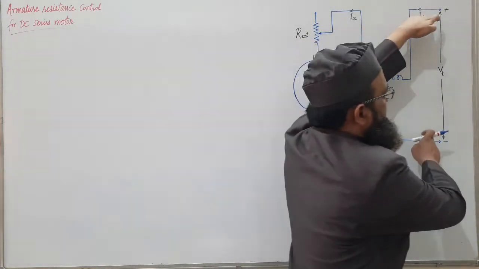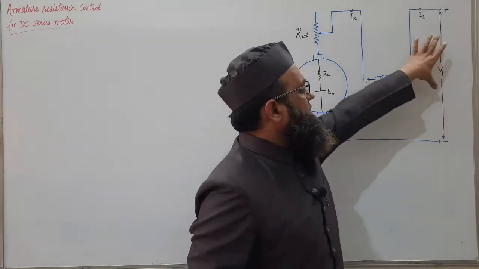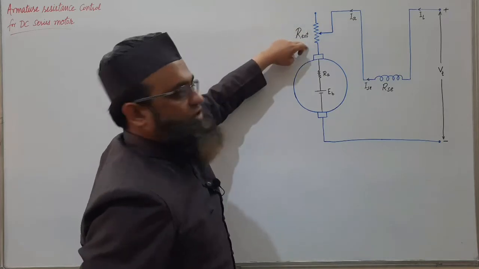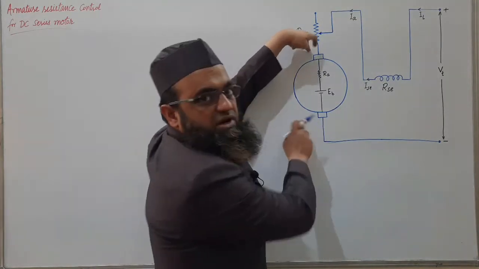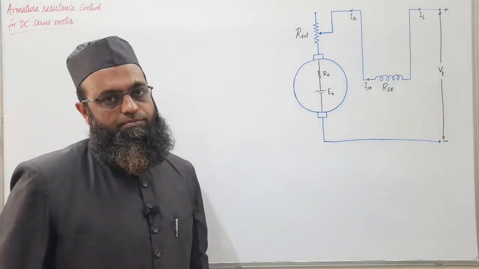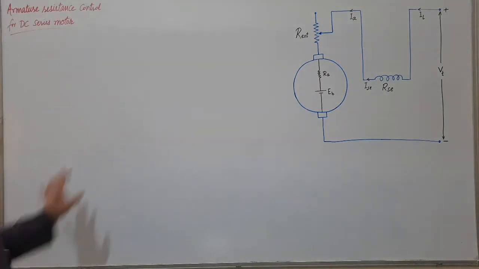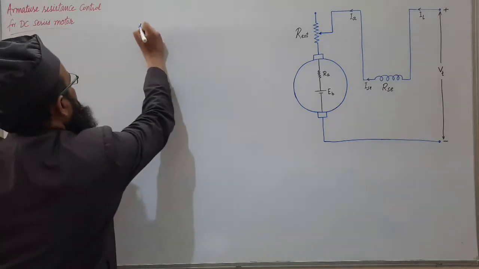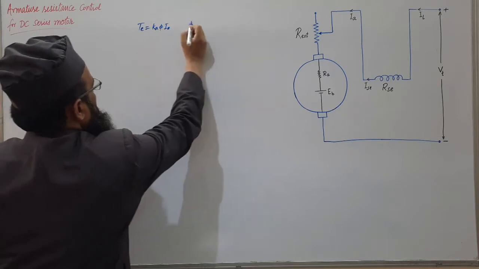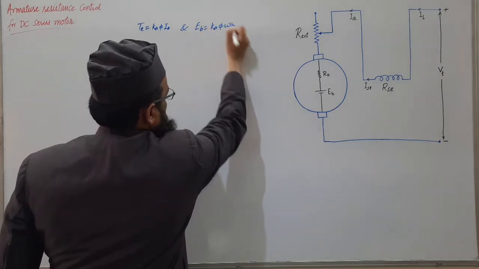As we are keeping this fixed, let us say 220 volt, 230 volt, whatever, the extra voltage drop across Rext reduces the drop across armature terminals, which reduces the speed of this DC series motor. So again, for solving problems on this method, always take the help of these two equations, and EB is equal to Ka phi omega.